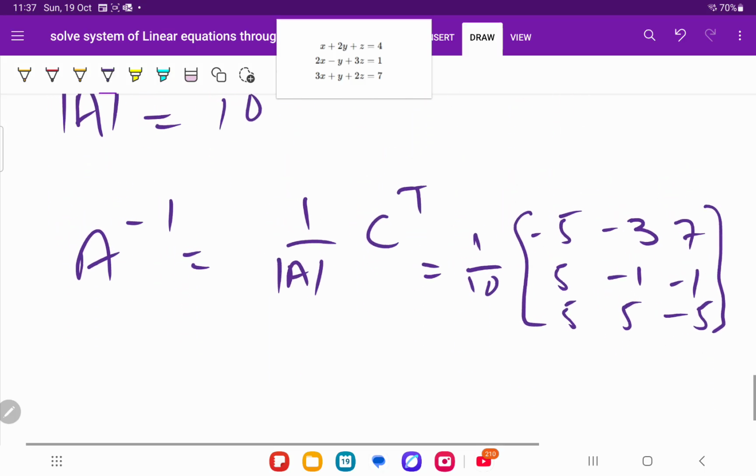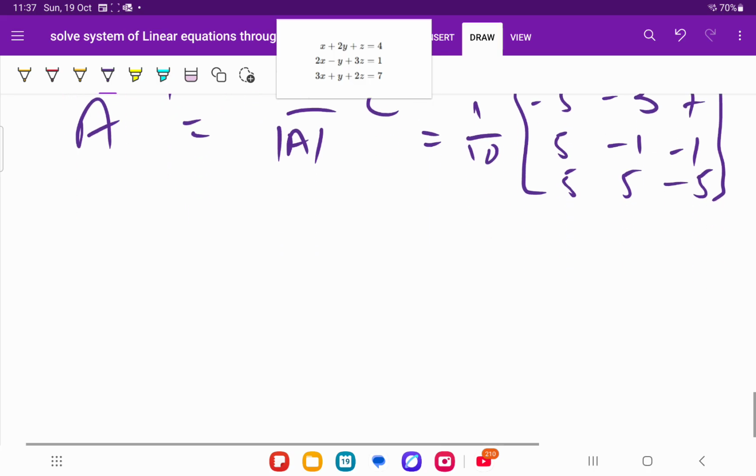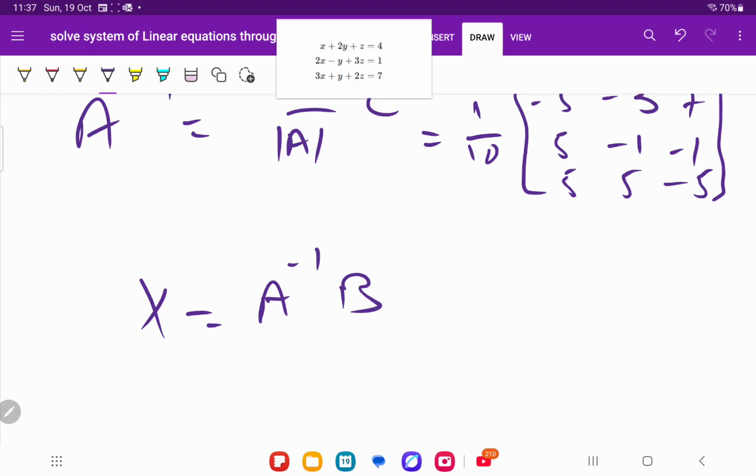Okay, so that's how we have calculated the inverse. Now this inverse will be used to solve the system of linear equations.